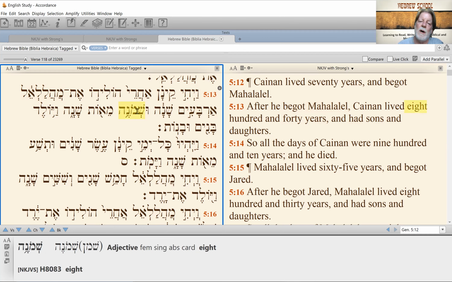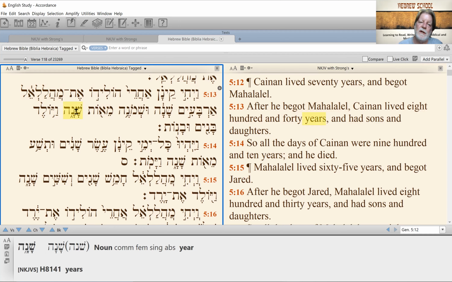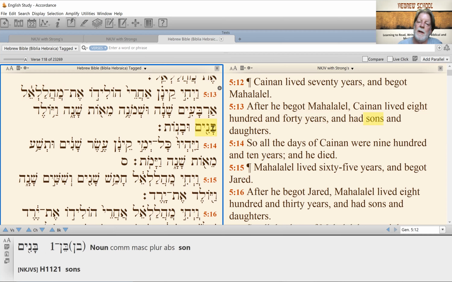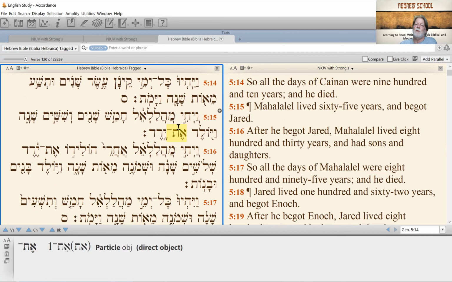U, and shmone, 8, meot, 800 shana. Va, Yoled, and he caused to be born, banim, sons. U, banot. Maybe we can start combining some words too, so the translation doesn't become so stuttery. Let's see if I can do that.